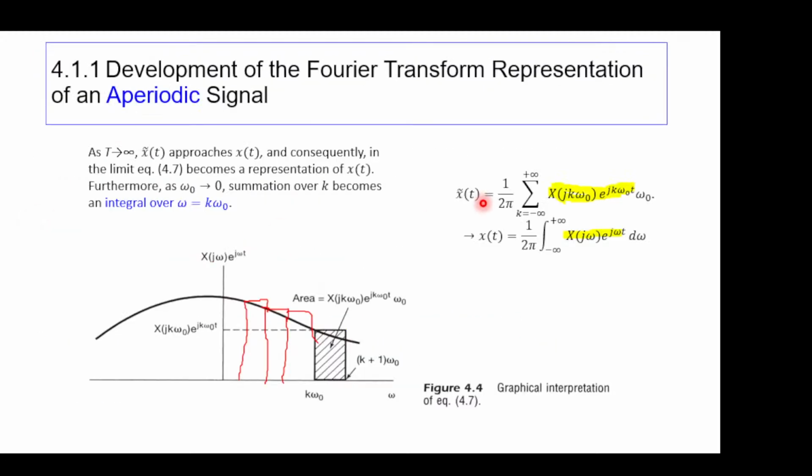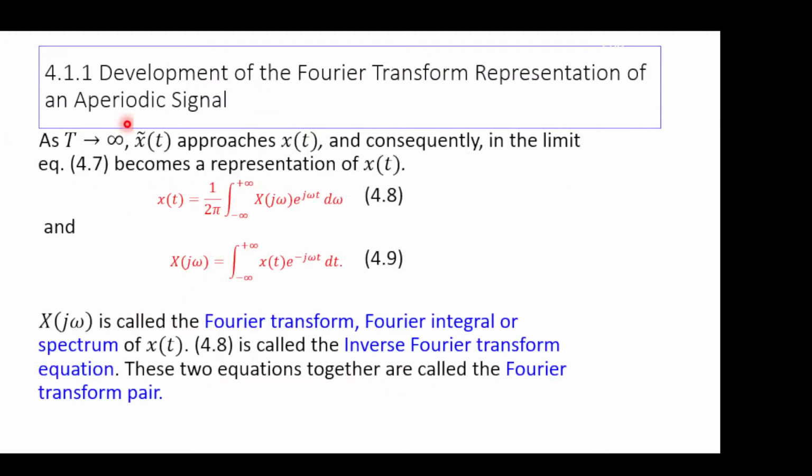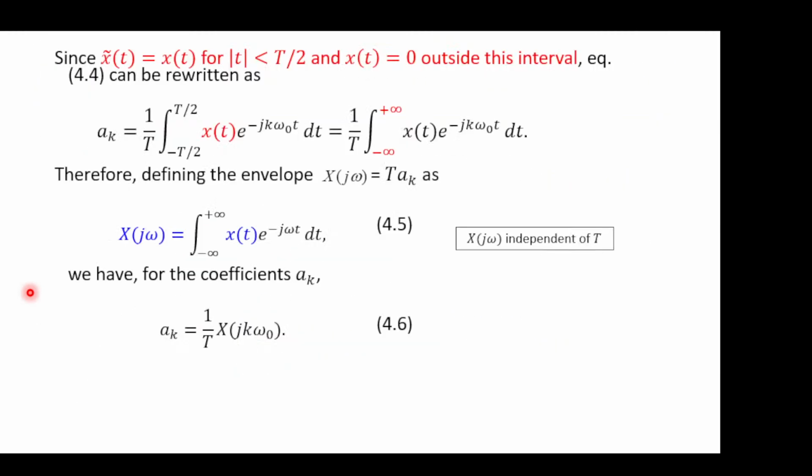We have written x tilde of t as this big X of j omega, and then we just argue as big T goes to infinity, x tilde of t looks like x of t, so x of t is also this integration. And this X of j omega, from the definition, we defined as the enveloping function here, right?